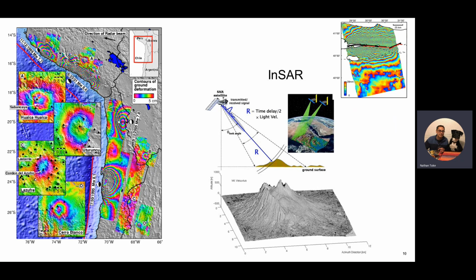Where you see these rainbows of bullseyes coming out, those are areas where we've got ground deformation up or down. It could be positive or negative, but you can process that into areas where the ground has moved up or down, or horizontally away from the sensor.